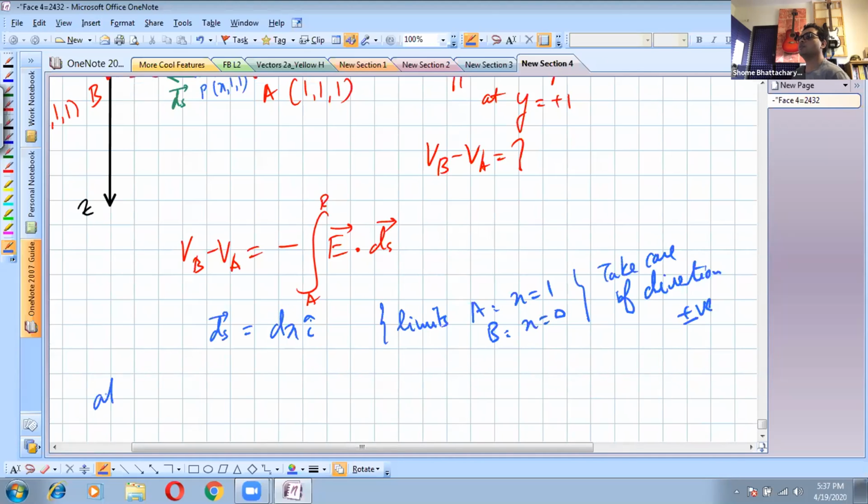Now let's come to the more important thing. At the point P, which is (x, 1, 1), what is the net electric field? So this electric field is the field due to the x-axis line plus the field due to the y-axis line plus the field due to the z-axis line.